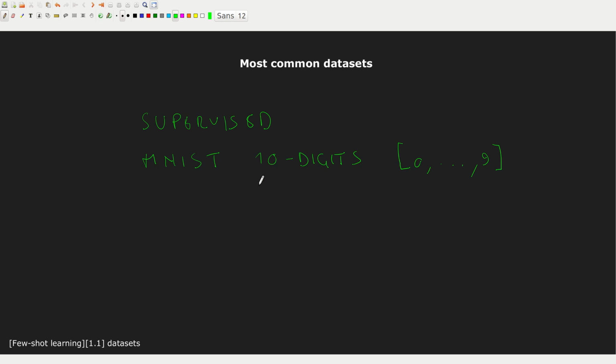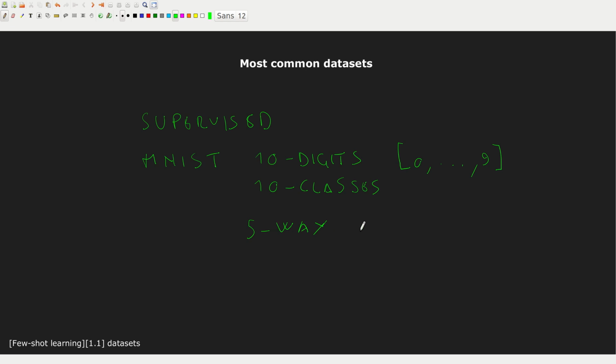Since we have 10 digits, it means we have a total of 10 classes, right? One important limitation of this limited amount of classes is that it's difficult for us to build a large set of tasks. Every time that I build a task, for instance in the standard five-way setting, I need 5 classes, so I have to pick digits from 5 different classes, and there are 10 classes in total.